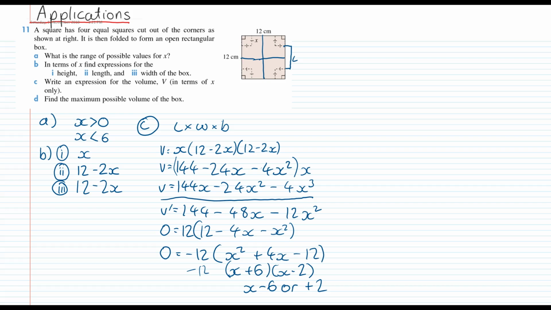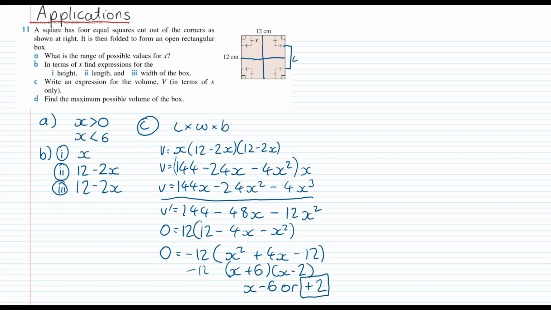That's the smallest volume that you can make. Okay, we're after the maximum. Okay, the 2. So our answer is 2. Okay, which is the maximum volume. Sorry, our answer is x equals 2, which will give us the biggest volume for the box.